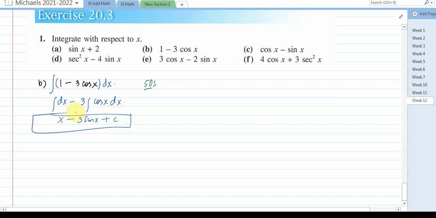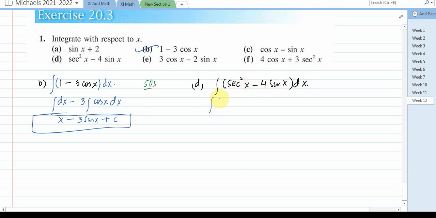And after part b, heading towards part d. Part d, integral of sec square x minus 4 sine x. So firstly we need to expand the brackets here.